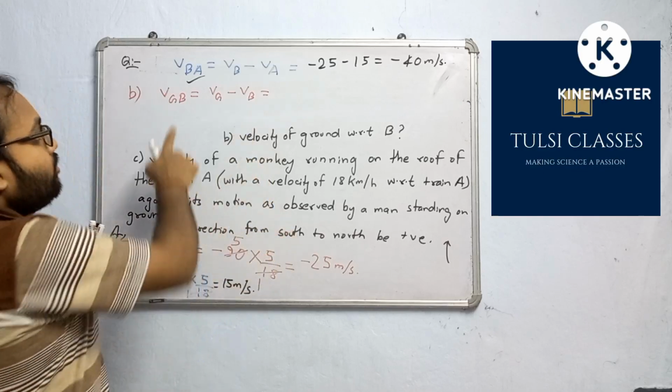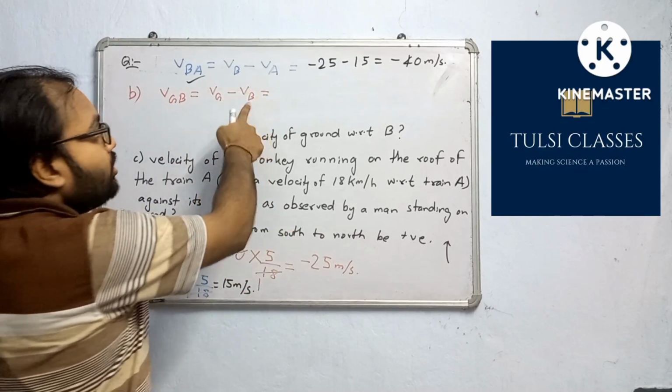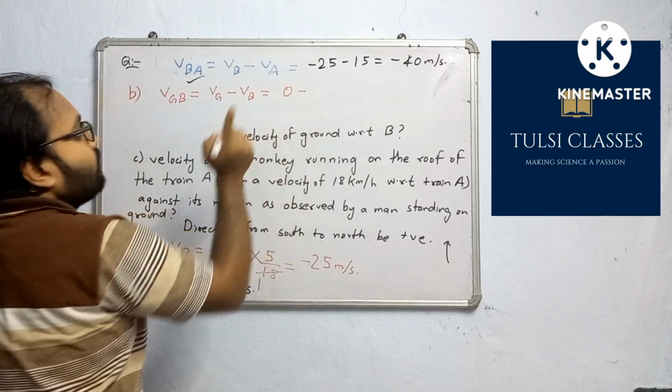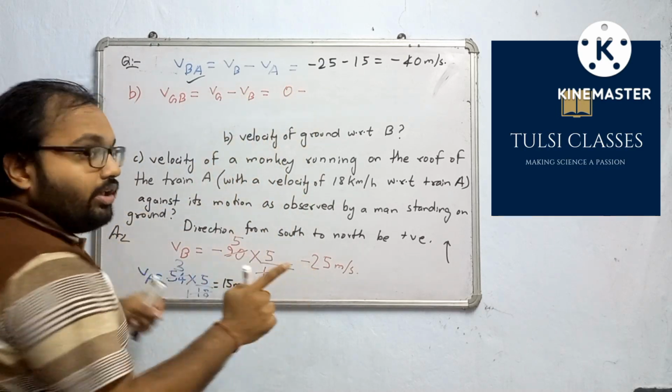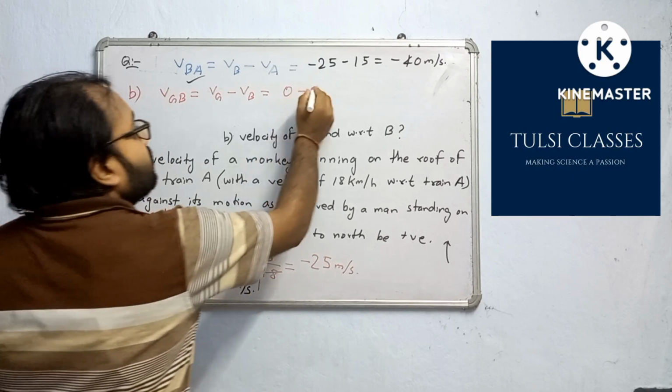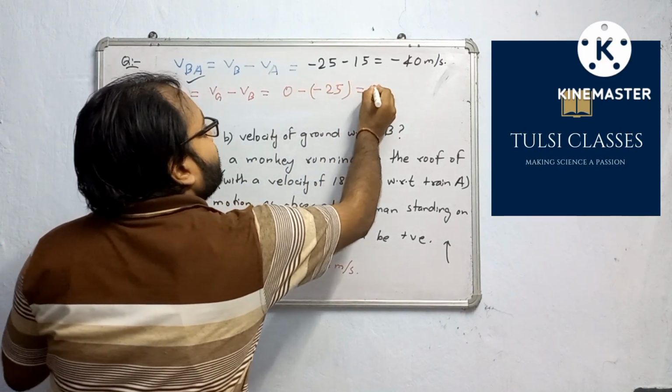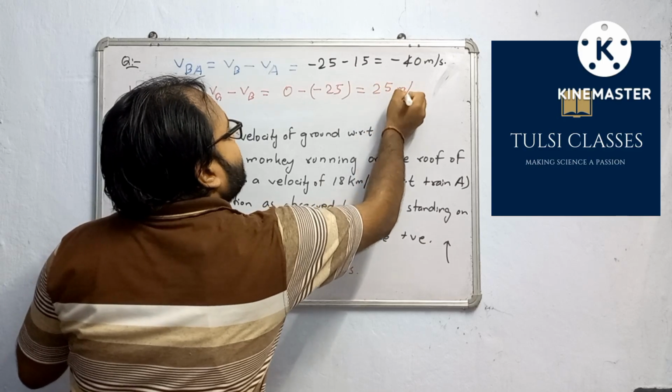According to the formula, Vgb is equal to Vg minus Vb. Vg is 0 minus Vb, which is minus 25 meter per second. So minus minus 25, how much will it become? Plus 25 meter per second.